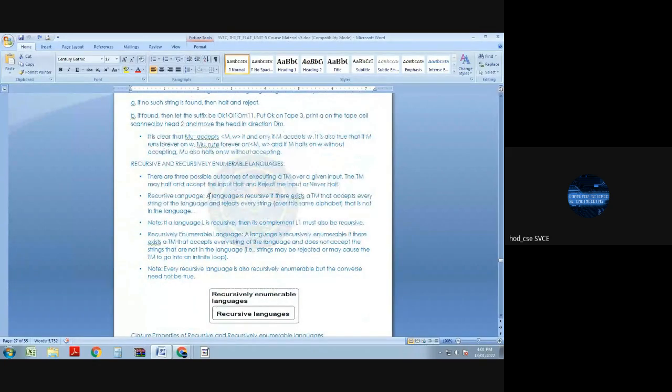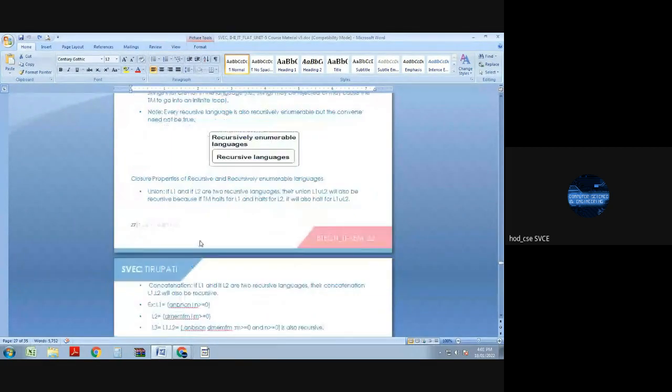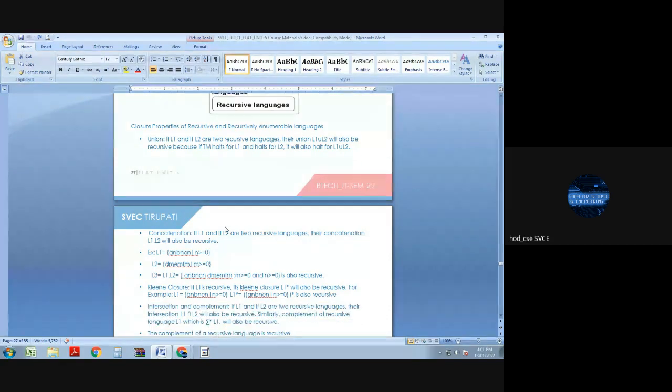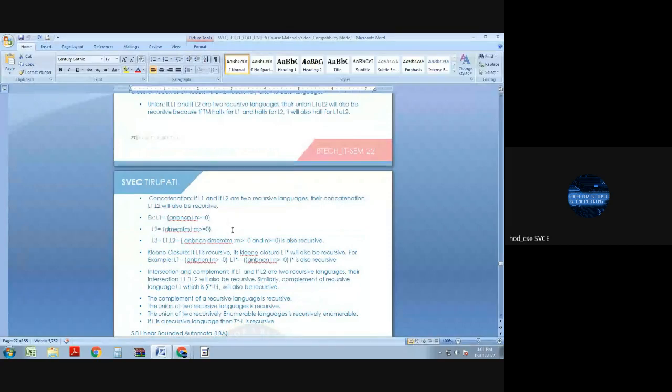Then recursive and recursively enumerable languages. For concatenation, if L1 and L2 are two recursive languages, their concatenation will also be recursive.